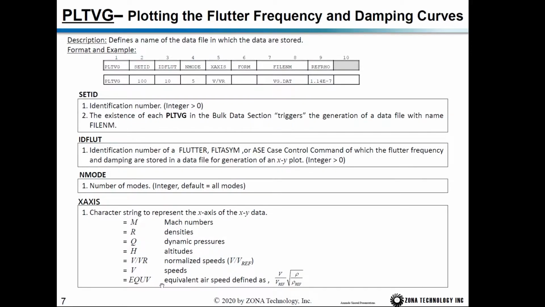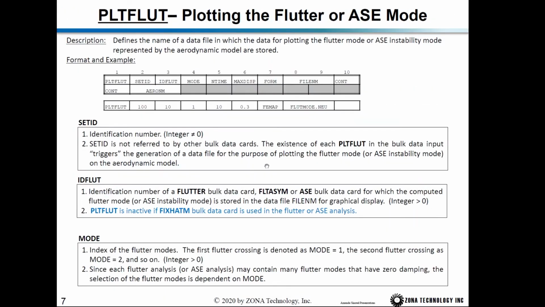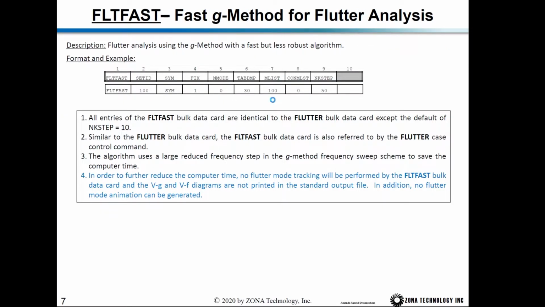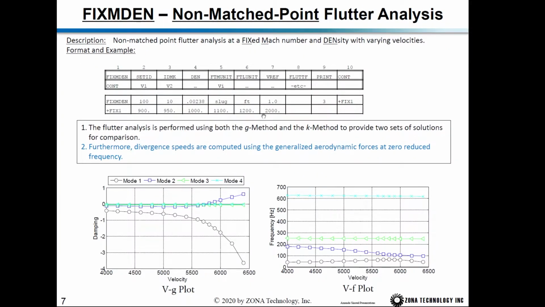You want the equivalent speed defined as V divided by V REF times the square root of flutter density, normalized by the reference density. The reference density is input here, and the reference velocity is specified here.